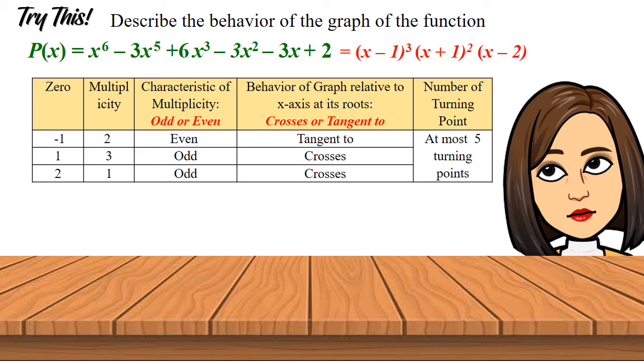For the zeros 1 and 2 which are odd, the graph crosses the x-axis. For the even multiplicity, which is negative 1, the graph is tangent to the x-axis. There are at most 5 turning points in our graph.